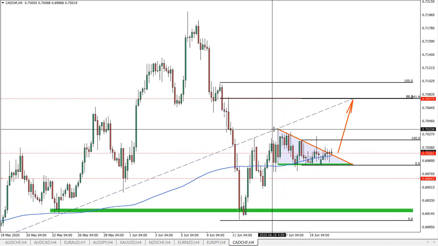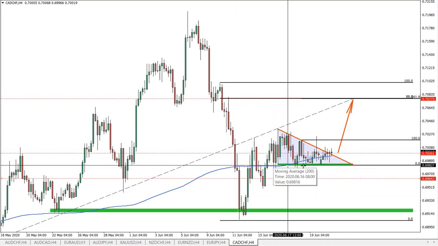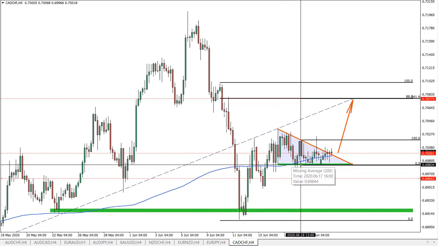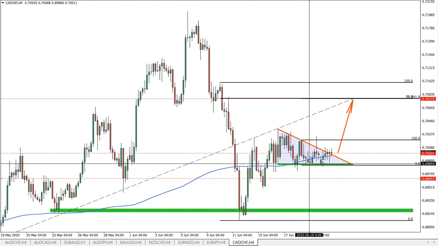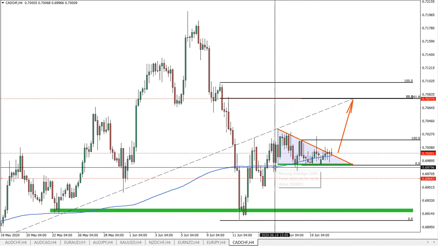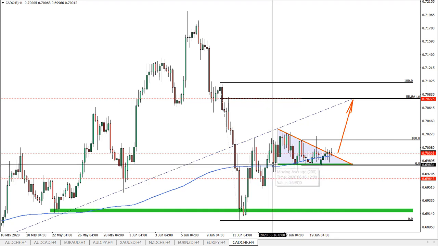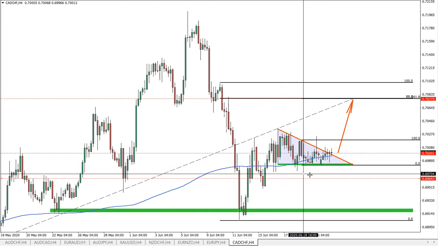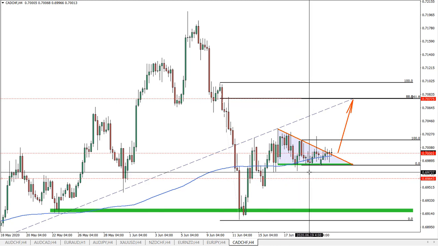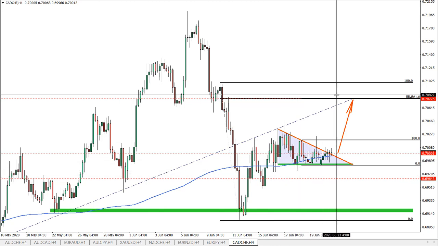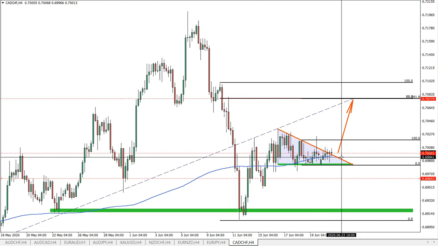And we can see here the triangle pattern, which has been formed with the support at the area of 0.6984. This support has been rejected multiple times along with the moving average right there. So here we have this support already formed. Price failed to break or even attempt to break this support, which makes it still a potential bullish trend.